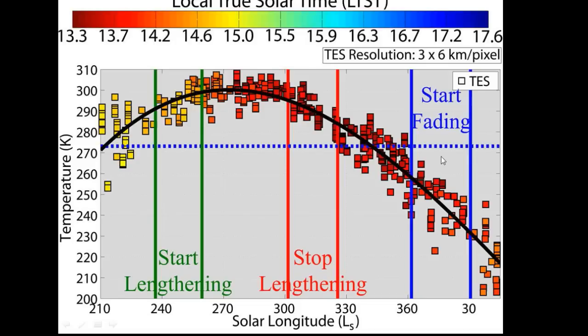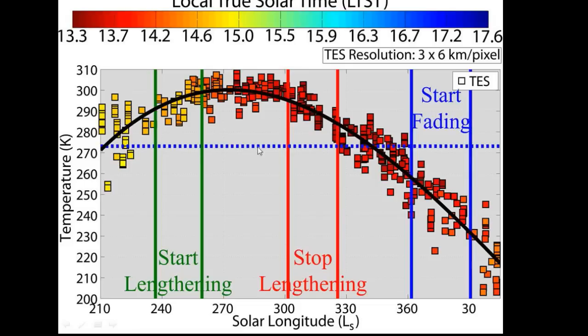Now if we look at surface temperatures, this is TES. TES has great spectral resolution, not so good spatial resolution. We're talking 3 to 6 kilometers per pixel, and we're looking at RSLs that are about 100 meters long. So this just gives us some idea of what's going on with the temperatures. You can see very warm temperatures.